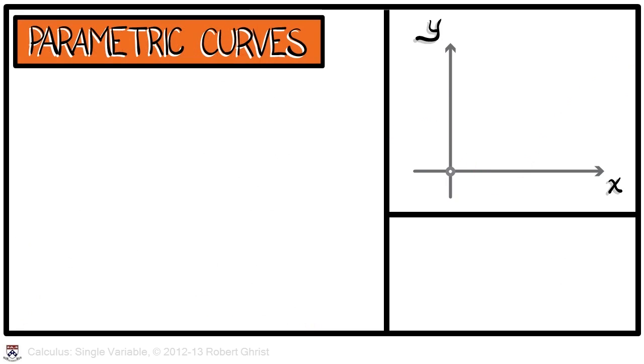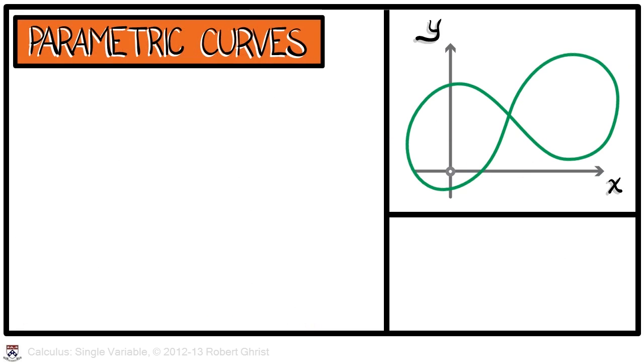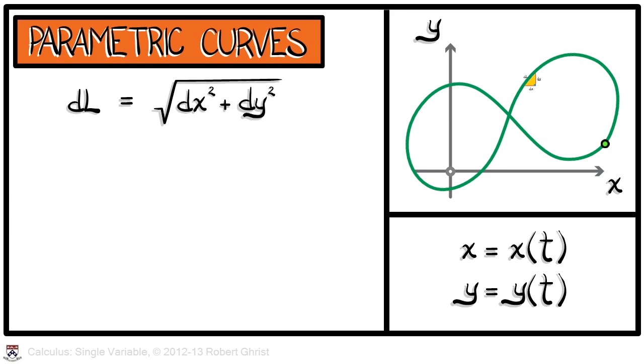For another example, maybe we don't have a curve that's expressed in terms of a graph. Maybe we have a parametric curve where the x and y coordinates are given by some function of t. Such curves can swoop around and cross themselves in interesting ways. In this case, applying the same differential analysis, what do we have?